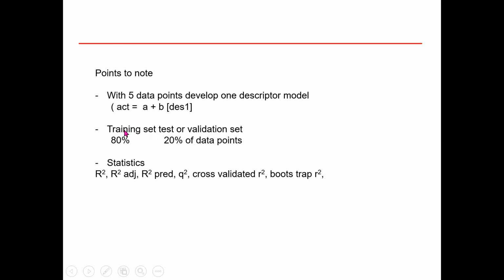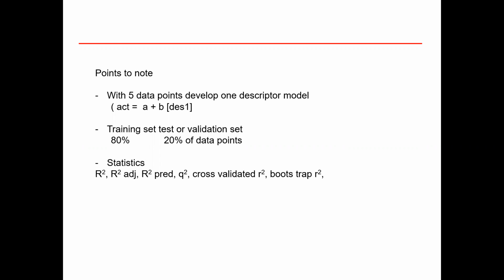Then divide the data, whatever data you took from literature, as a training and test set. Training 80%. I showed you when we had 5 data points, now you should take 4 as your training and 1 as your test set. Don't forget that. So you fit the model only with 4 data points and then try to predict for the left out point and see how good it is predicting.